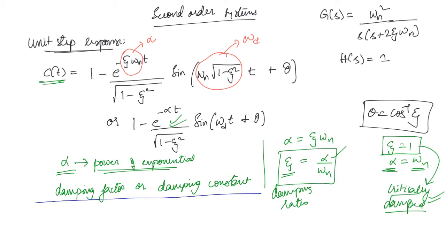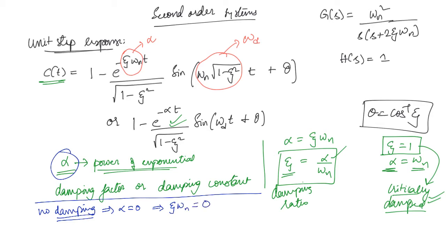Next, consider the system to be an undamped system. That means there is no damping. So when there is no damping, it implies that the power of the exponential, that is alpha, should be equal to 0, right? So what will happen if alpha is equal to 0? This implies that zeta into omega n is equal to 0.